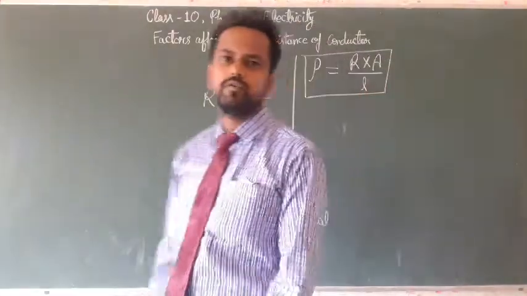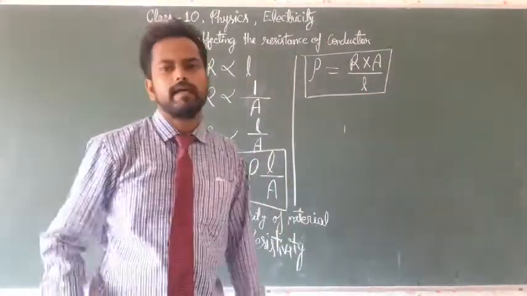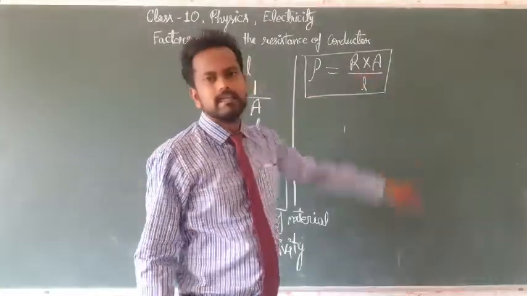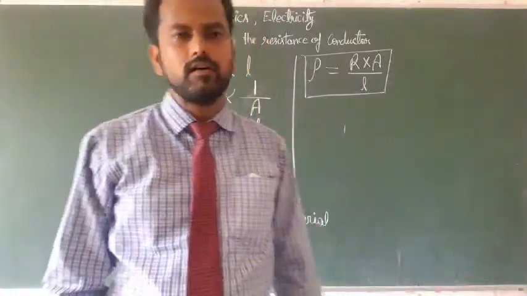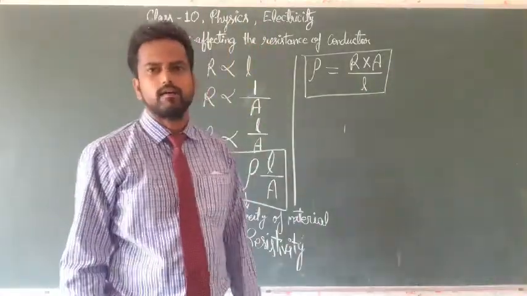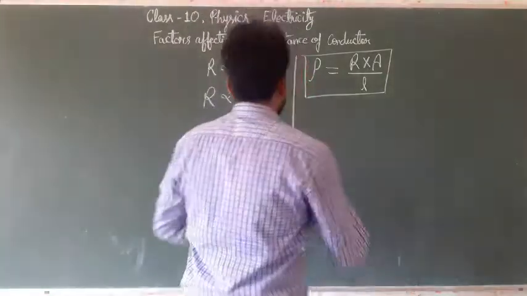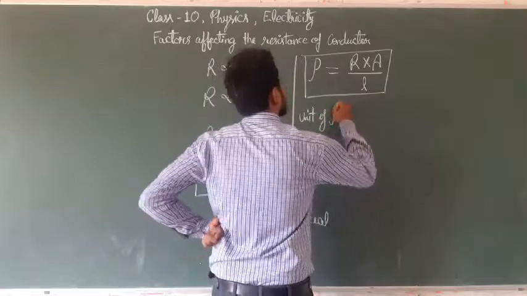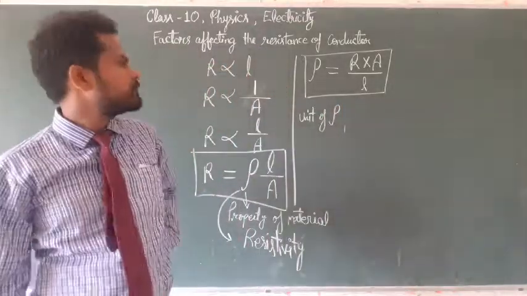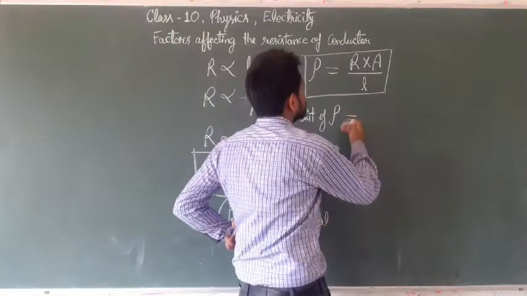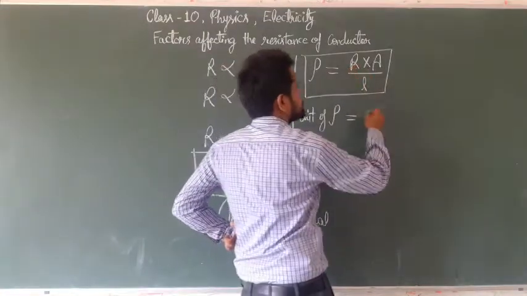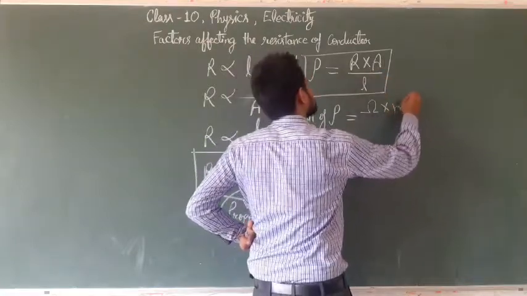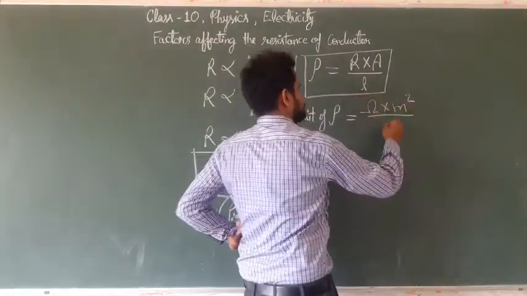Resistivity is equal to R into A by L, where R is resistance, A is area and L is the length of the given conductor. Got it? So the unit of resistivity, that is rho, is equal to the unit of resistance, that is ohm, the unit of area, that is meter square, and the unit of length, that is meter.